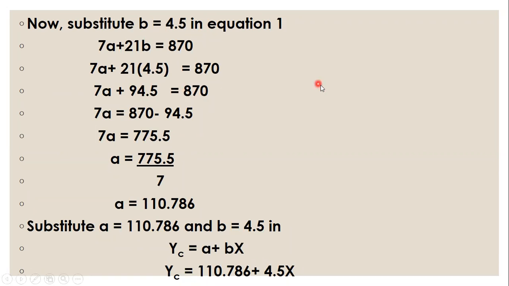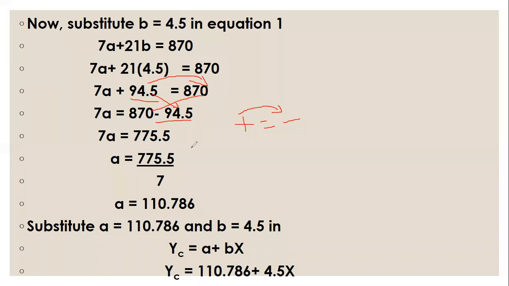Now I already told you, anything which is plus on one side, if it goes to the other side of equal to, it is going to become minus. So 94.5 on one side, if I get it to the other side, it is going to become minus 94.5. So 7a is equal to 870 minus 94.5.